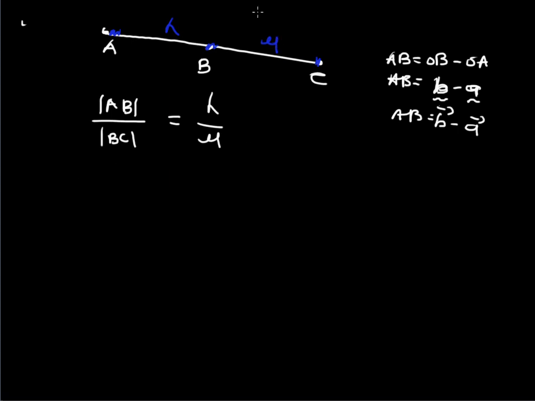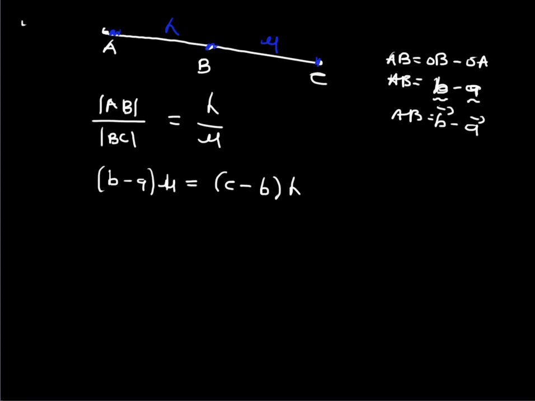So we can write this as B minus A multiplying mu, and this is equal to C minus B multiplying lambda.